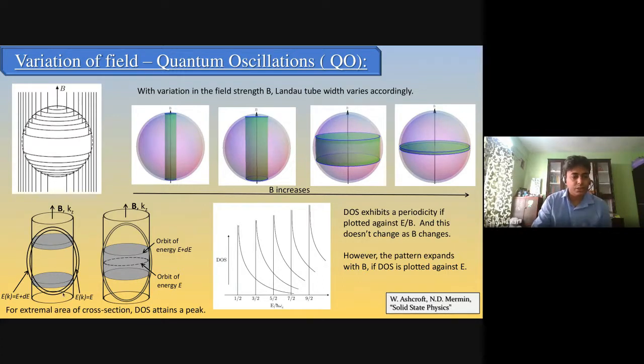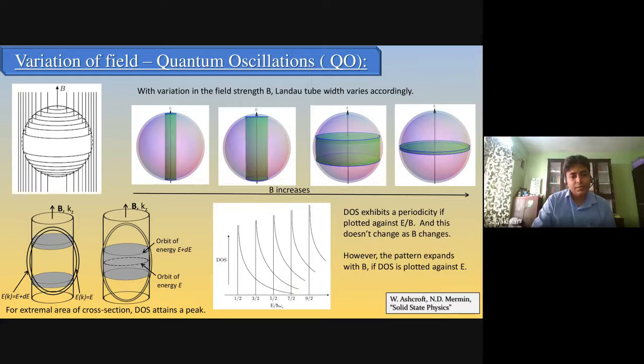This is a general picture, but it can so happen that the cross-section area of this Landau tube becomes the same as the largest cross-section area of this energy shell, like in this one. And in that case, you can clearly see the shaded region is not two distinct shaded regions, but one huge shaded region in the middle, whose volume is much more. So in this kind of scenario, you can see a huge jump in the density of states value.